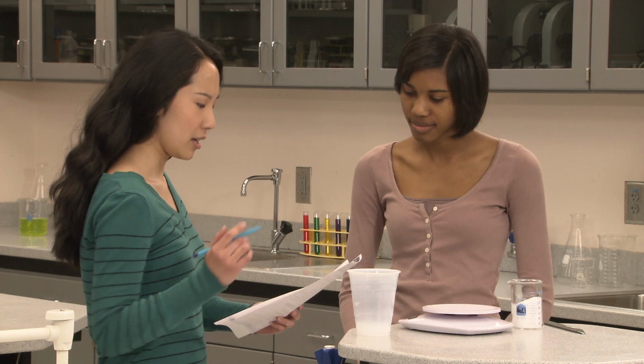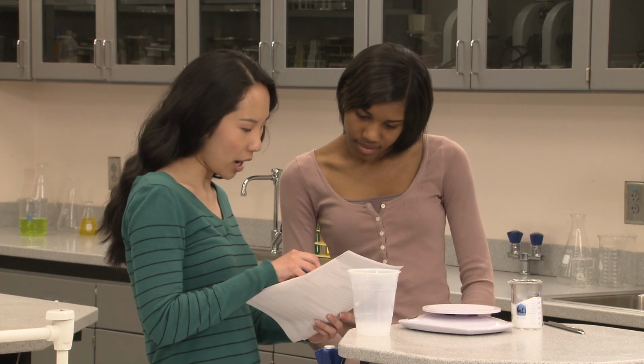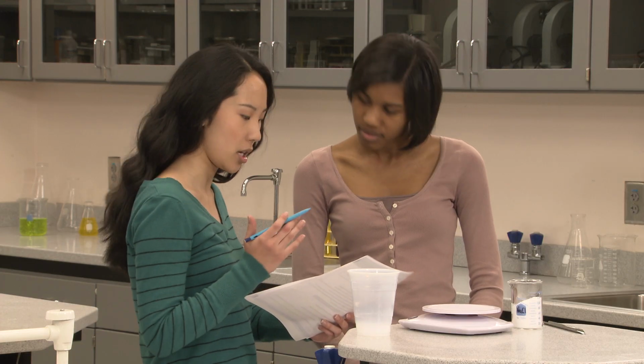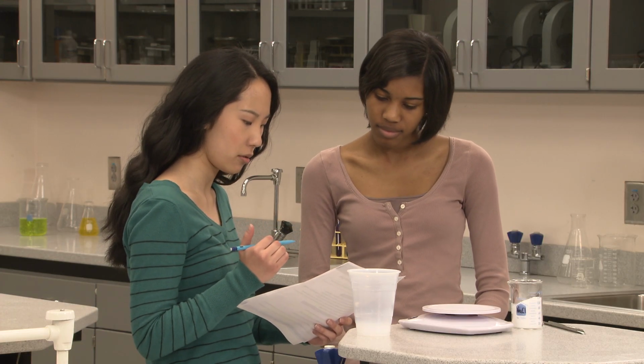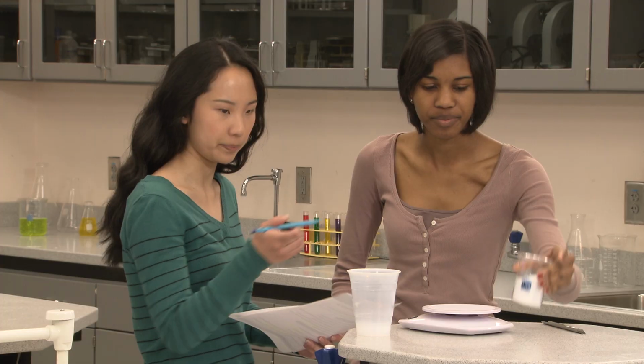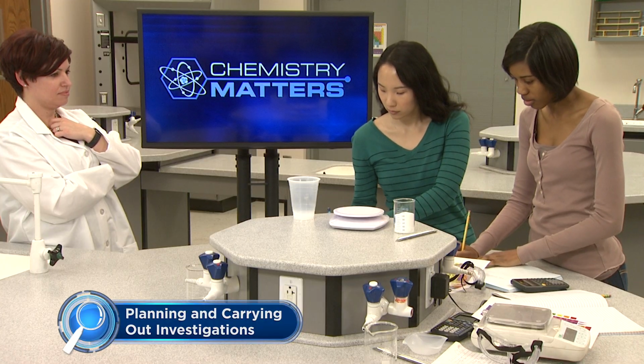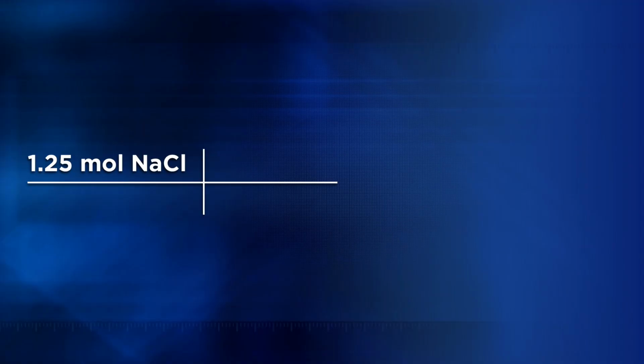Okay. It says measure out 1.25 moles of table salt, sodium chloride, in a clear, dry cup. Okay, we have some salt right here. All right, so let's figure out how much salt we're gonna need. We can start by writing 1.25 moles of sodium chloride into our conversion chart.